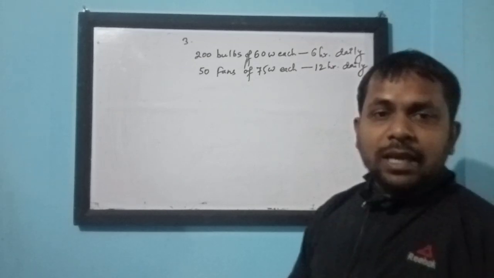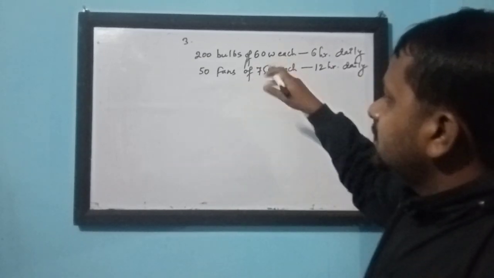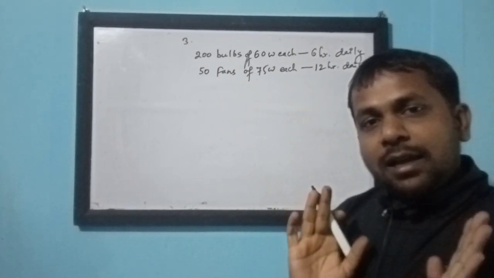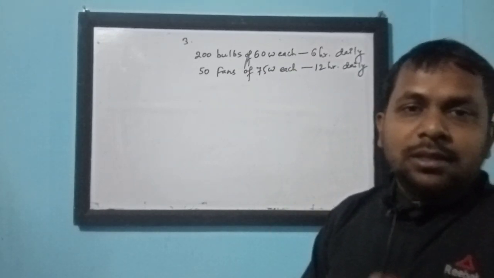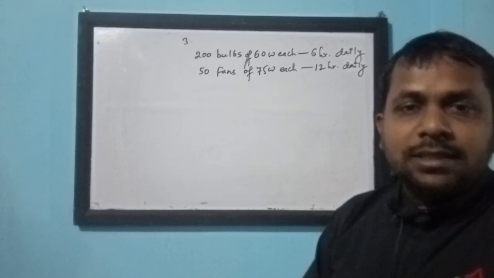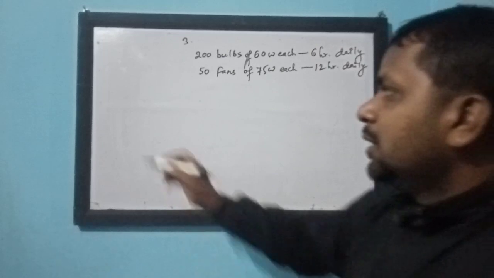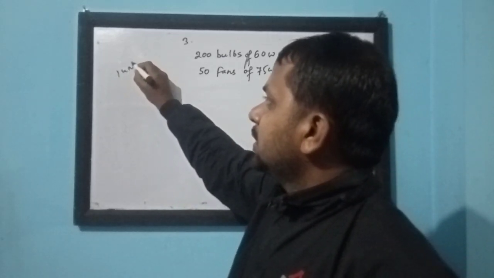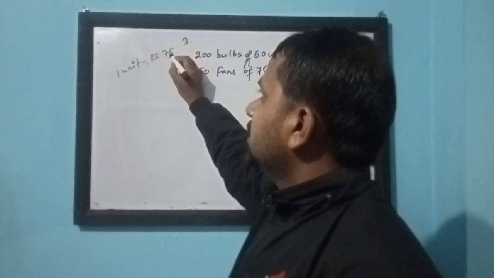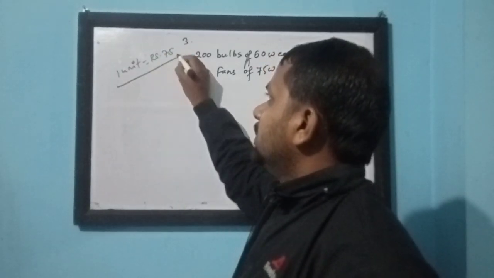Now we have to calculate the daily energy used by this equipment. Then we have to calculate what will be the electricity cost after 1 month if 1 unit is equal to Rs 7.5. It is the question.